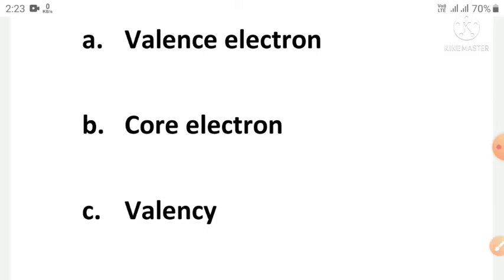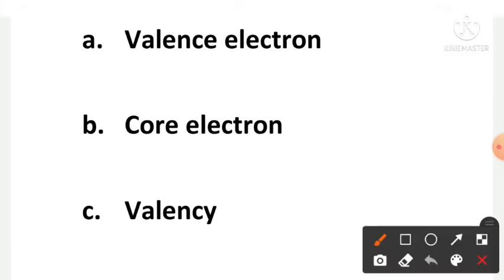Now here the answer is valency. The combining capacity of an element is known as valency. Now we see the next question.